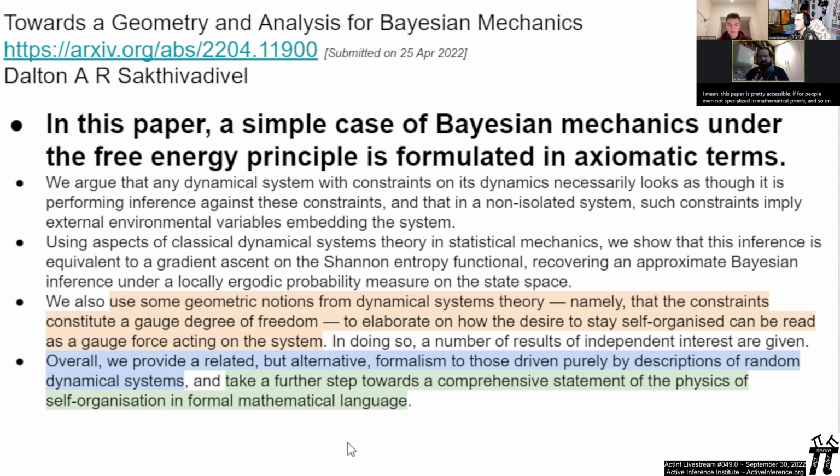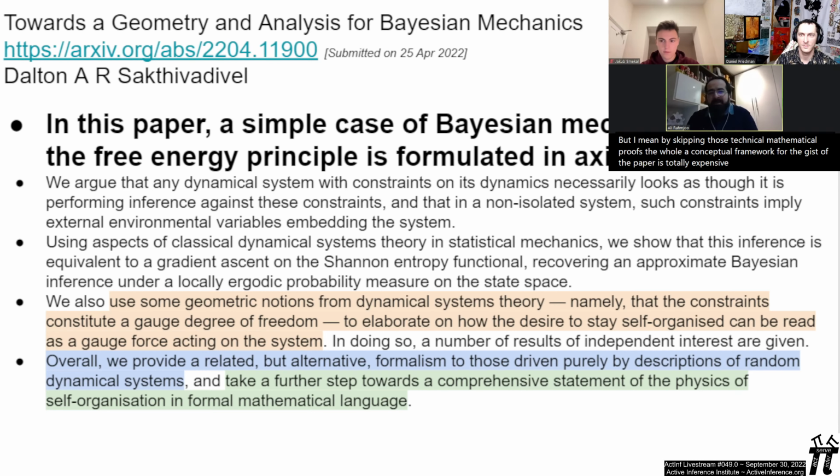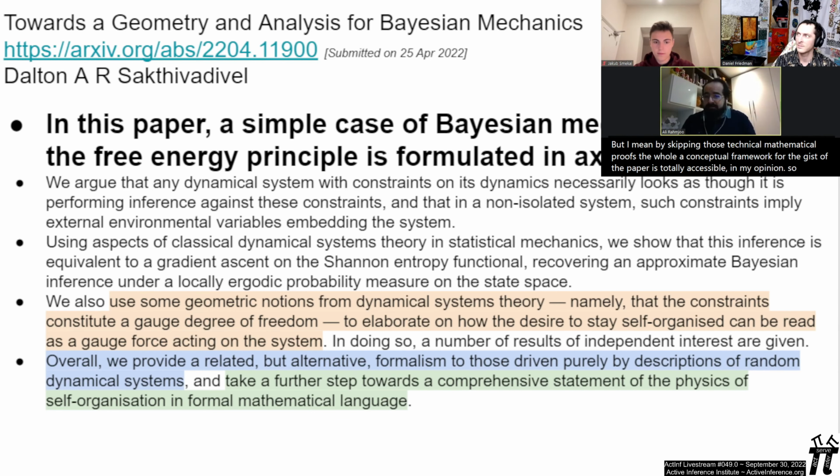By skipping those technical mathematical proofs, the whole conceptual framework or the gist of the paper is totally accessible, in my opinion. So I think this is one of the very significant and important steps toward developing the more comprehensive theory provided in their next paper on Bayesian mechanics. Great.